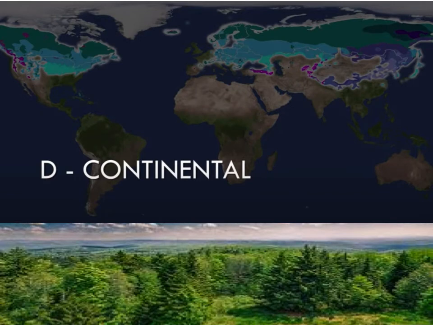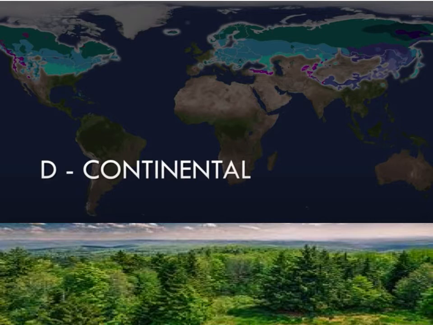Then D is found only in the northern hemisphere. It is mostly the great continental mass of North America or Russia; you can see it on the top. They are continental because they are far away from the sea.